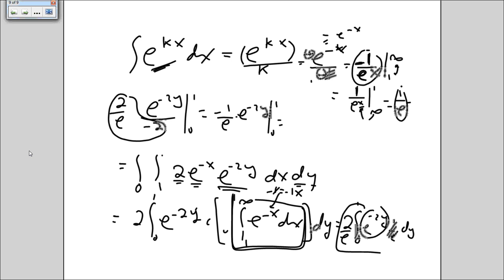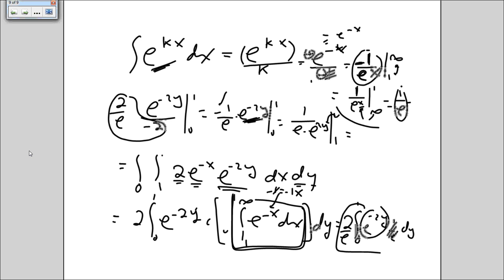Since it's negative, I'm going to write it positive. Positive 1 over e. But this has a negative exponent. I'll put it in the bottom. E to the 2y. Since I changed the sign, I have to switch the order of the limits.